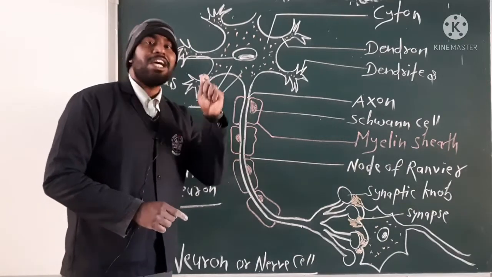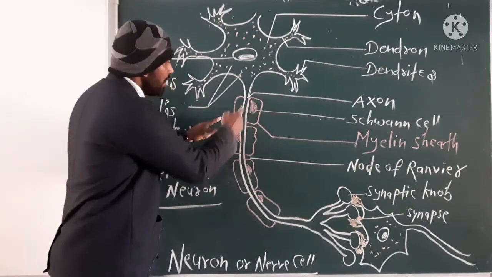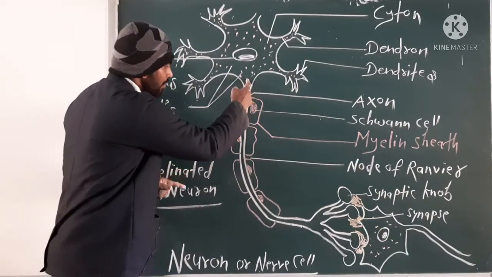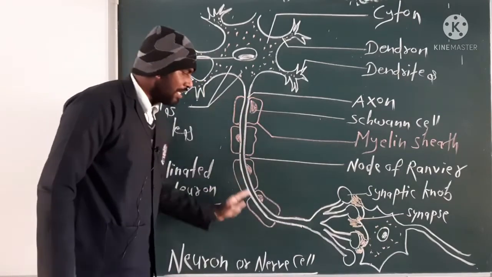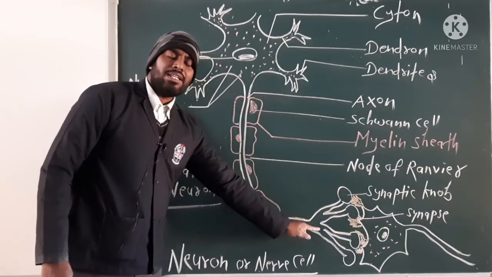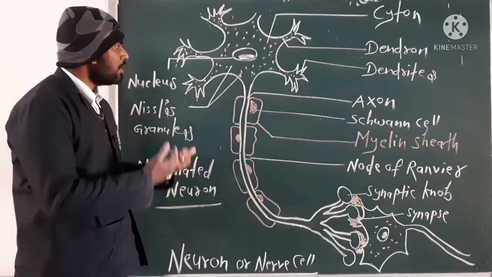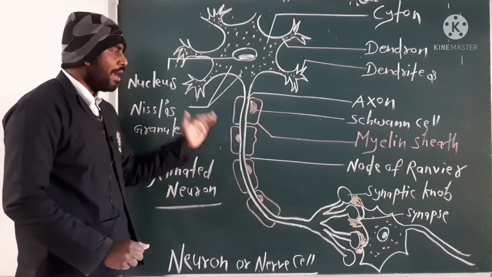To prevent the discharge of electricity. In the same manner, this myelin sheath acts like an insulator, so that the impulse very rapidly, very fast, reaches directly the terminal part of the axon. Okay. So this is the basic concept about the neuron, and you have to study it well.